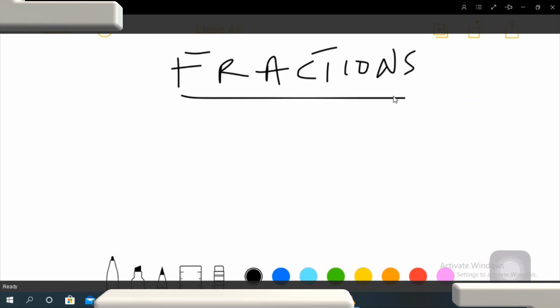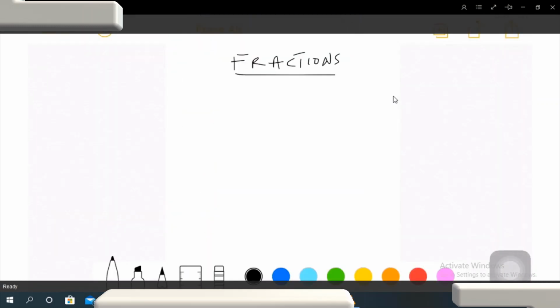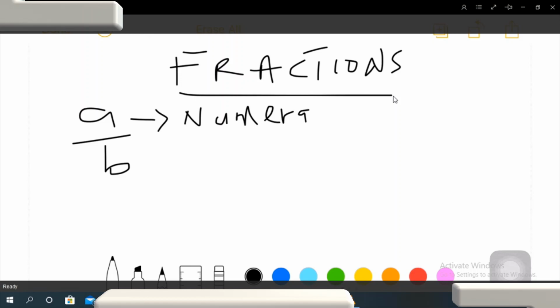First of all, let's see what a numerator is and what a denominator is. If I have a fraction a over b, a is known as the numerator and b is known as the denominator.